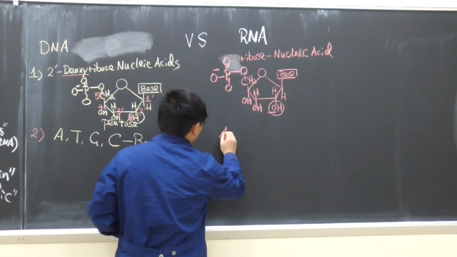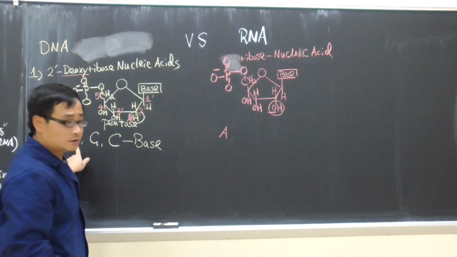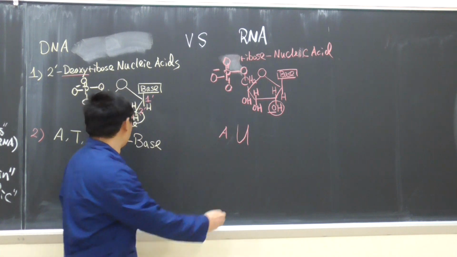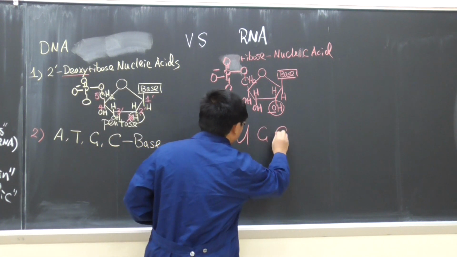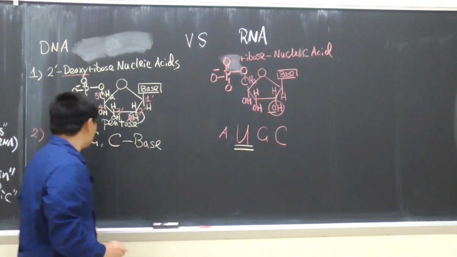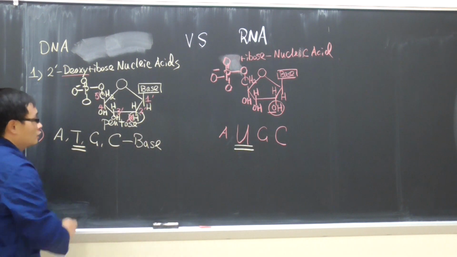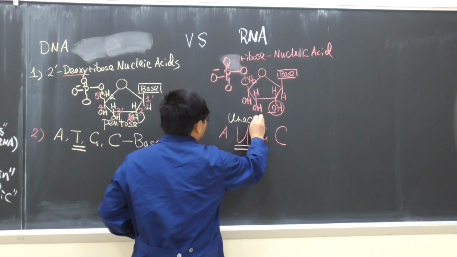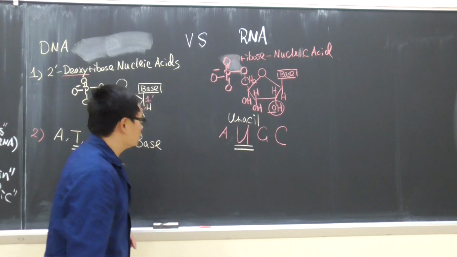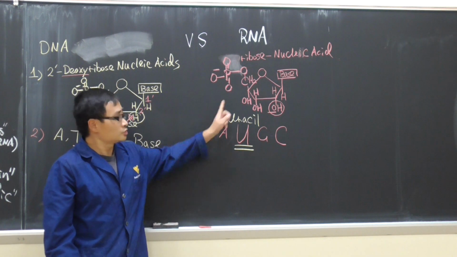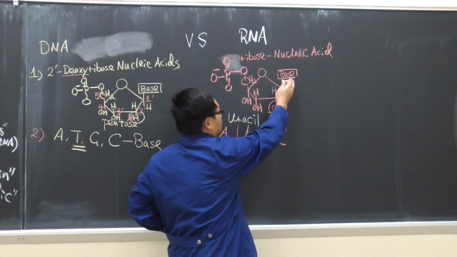We still have A. Do we have T? No, we don't have T. We have U. We still have G and C. So instead of T, we have a U. What is U? Uracil. Uracil replaces thymine in the RNA structure, at the base.